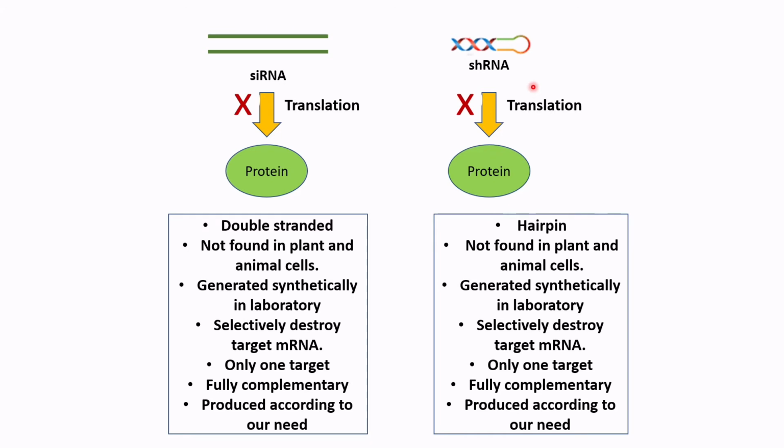They are produced exogenously. That is, they are generated synthetically in the laboratory. We make siRNA and shRNA according to our need. It depends on which gene we want to silence. Both siRNA and shRNA have only one target because you have the intention to silence a particular gene.